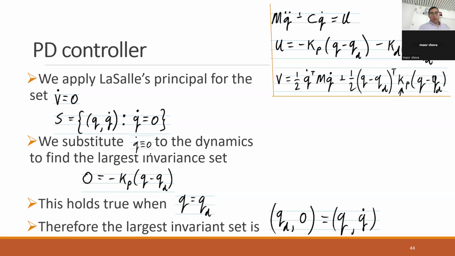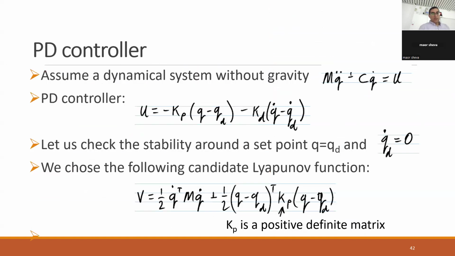We didn't talk about the fact that we took a dynamical system without gravity. If I take gravity, it works as another potential here, and it applies some offset on the q desired. So it will not converge to q desired.